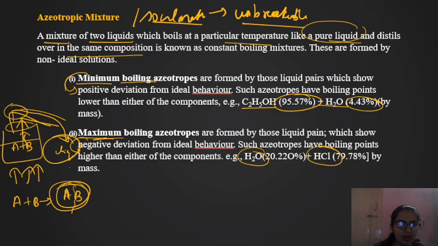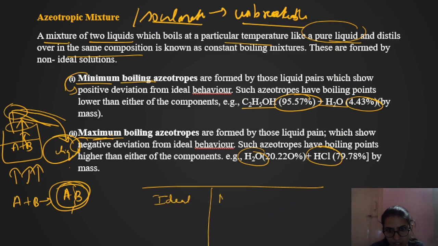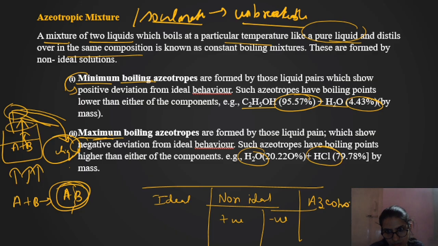So once again I would like to glance at everything in the form of a story. I said 4 cases here: ideal, non-ideal. In non-ideal we have 2, positively deviated and negatively deviated, and the last one is azeotropes. Okay. So ideal solutions are, I said, good kinds of friends.